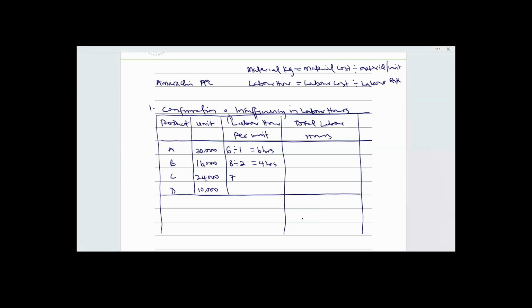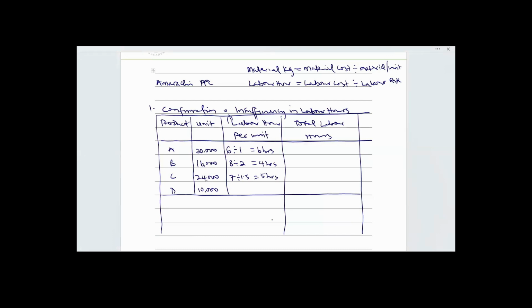That should be 4 point something. 7 divided by 1.5 equal. That's 4.7, rounding to 5 hours.